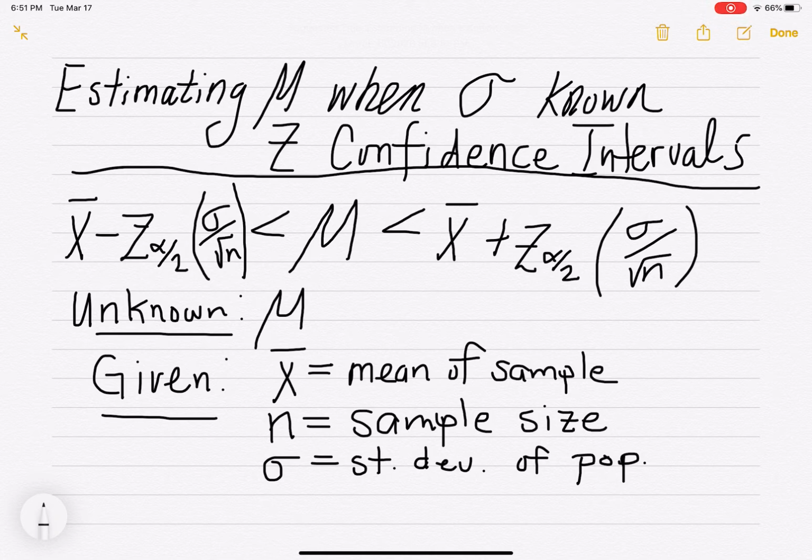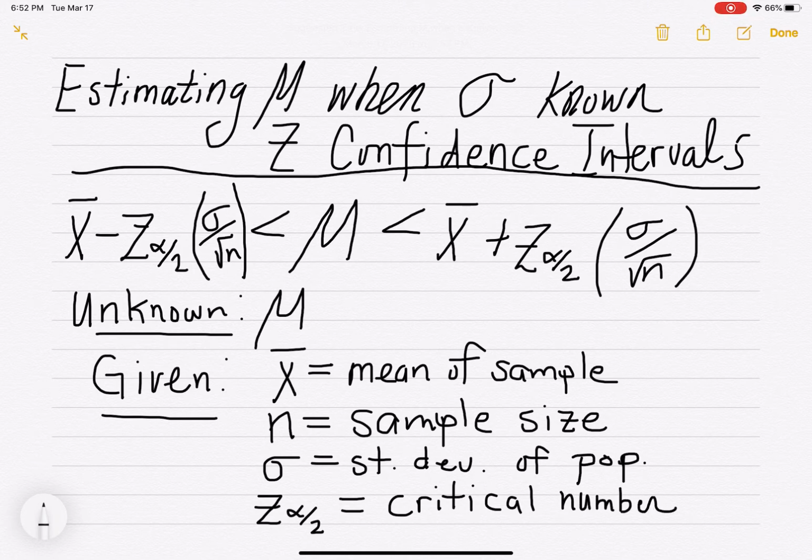And also, you're going to have to find z alpha over 2. This is your critical number. And you're going to have to get your critical number based on the confidence level. So critical number. And this is going to be based on your confidence level.